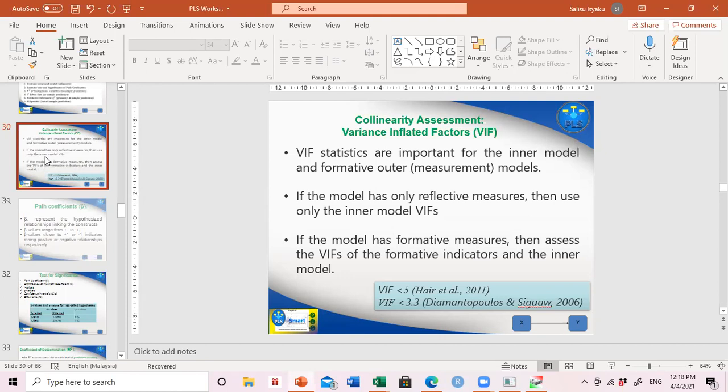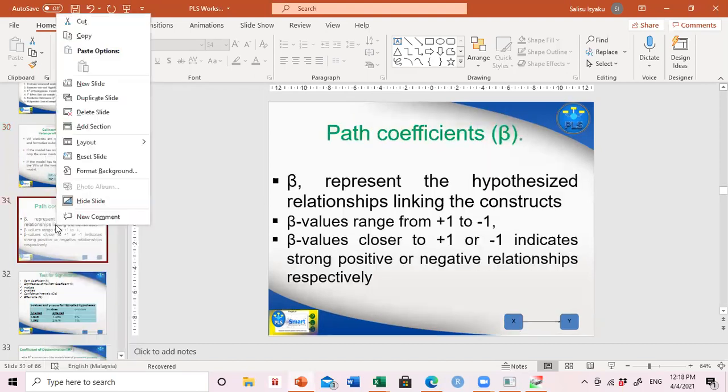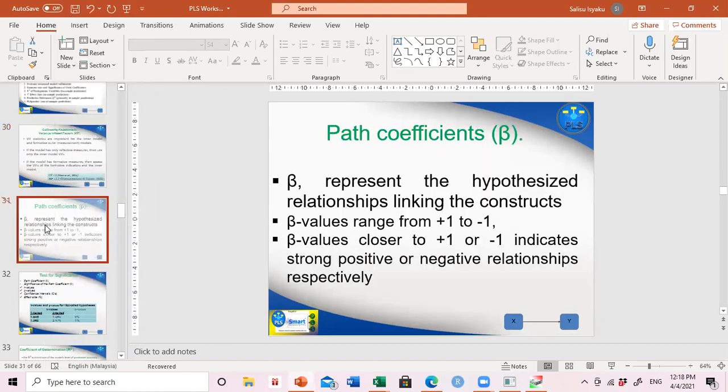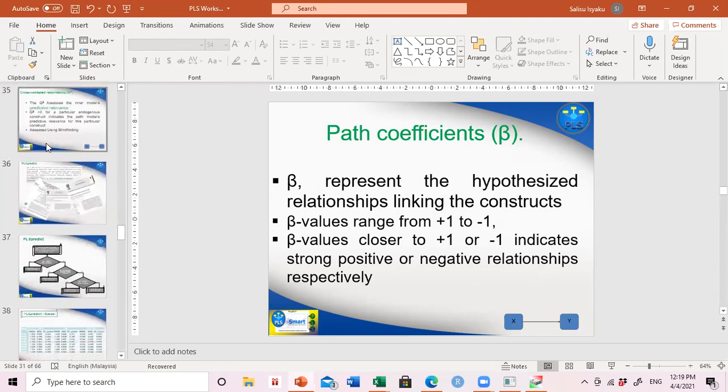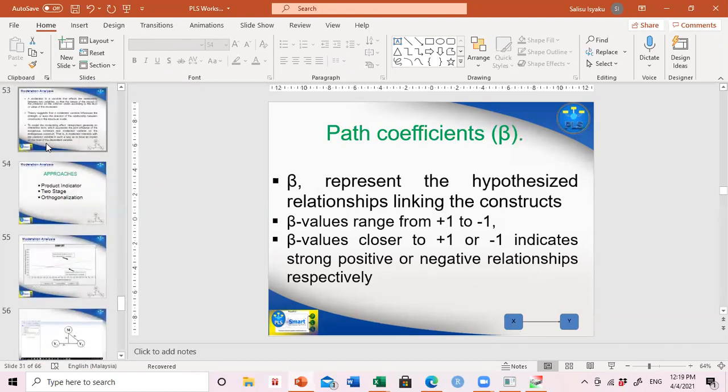Go to the slide, right click and say hide slide, so then the slide will open because it's hidden already. No, the one we received in PDF format, not PPT. Yes, you are right. So I think I better resend it. Don't worry, I will send it. Thank you. I will give you this one also, inshallah.